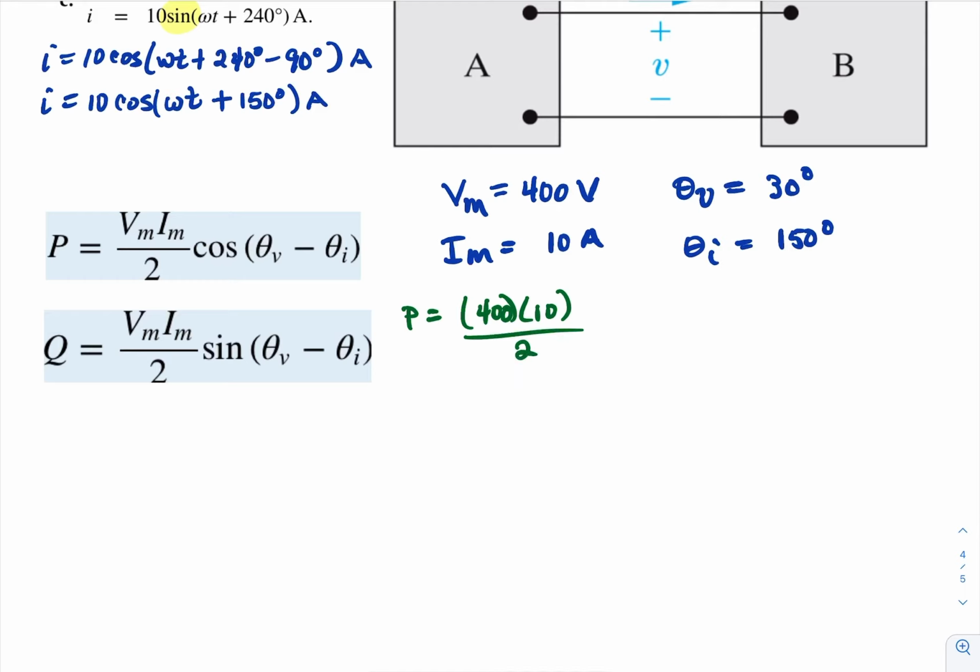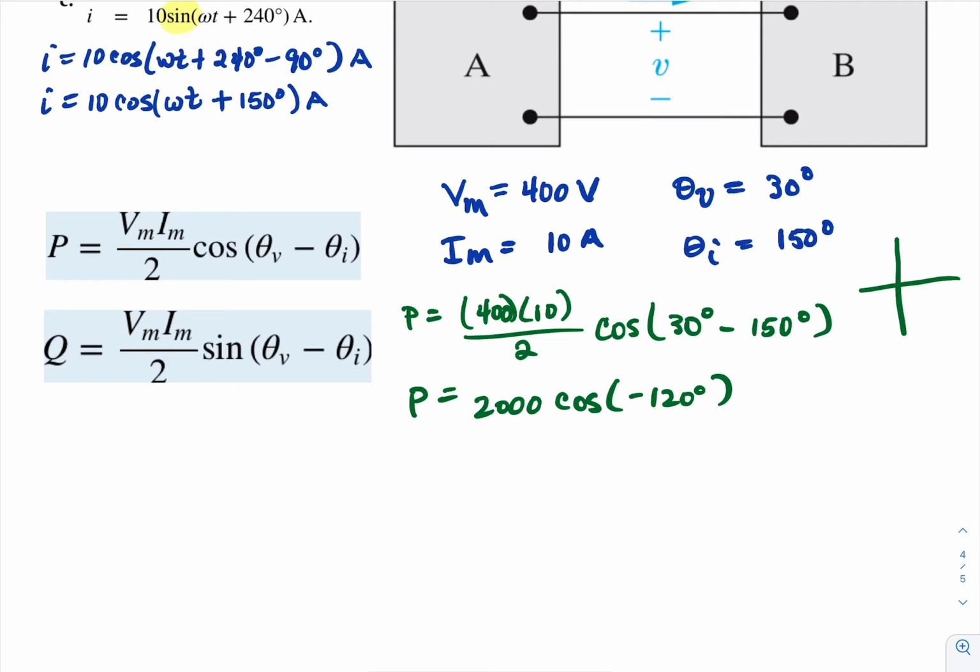2, times cosine of theta sub v, which is 30 degrees, minus theta sub I, which is 150 degrees. So P is equal to 2000 cosine of minus 120 degrees. Let's take a look here first.